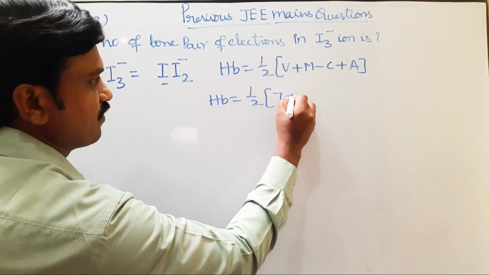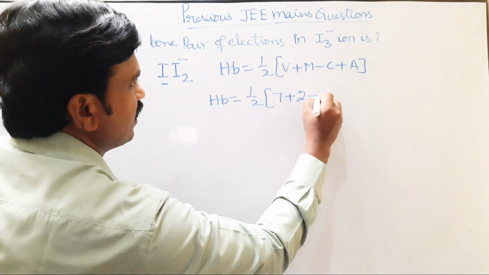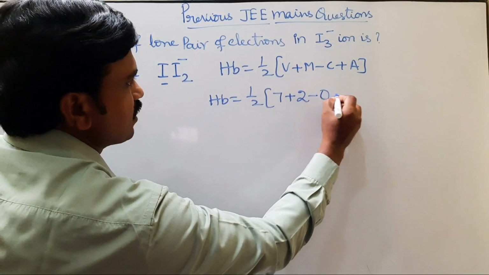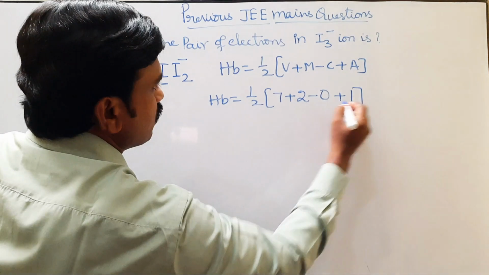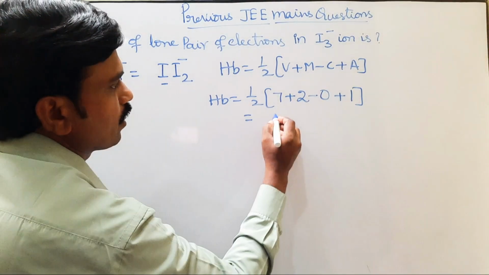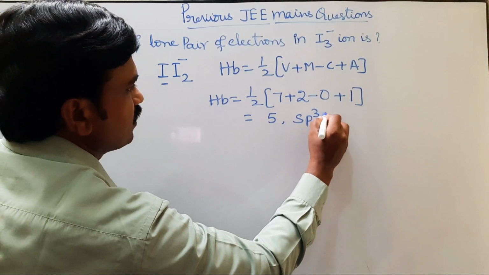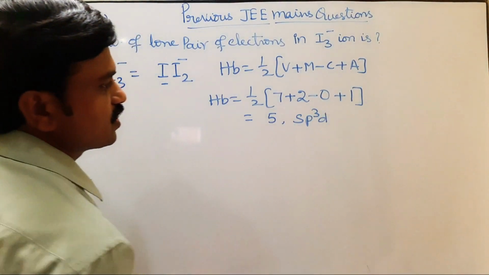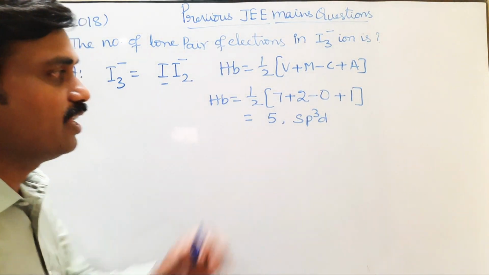Iodine valence electrons 7, plus surrounding monovalent atoms, 2 iodines, minus cation 0, plus anion charge 1. So it is 10 by 2, 5. So it undergoes sp3d hybridization. I3 minus ion is exhibiting sp3d hybridization.